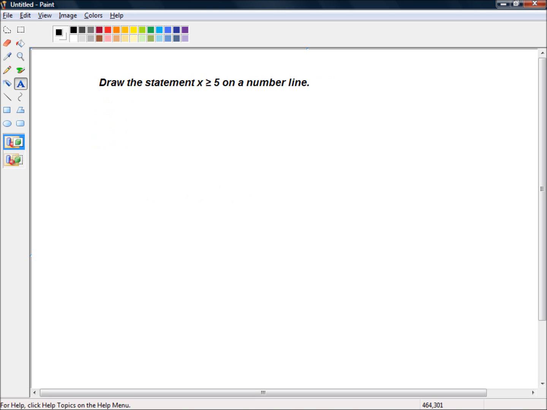In this question we're asked to draw the statement x is greater than or equal to 5 on a number line. So our first job is to draw a number line, and I'm going to put some markings on the number line at roughly equal spacings. I don't have to be perfect.